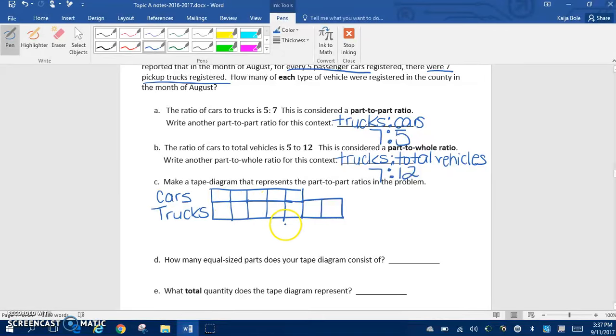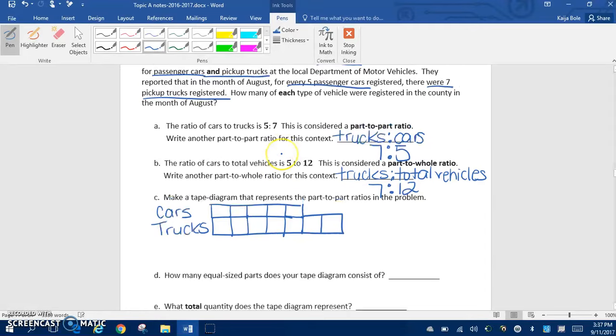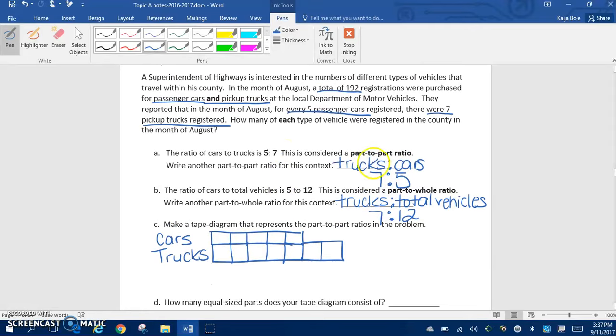Okay, so now we have to figure out what each box represents. Alright, so we know that there are 12 boxes here total, right? And if you look back up above in the notes, we underlined the total number of registrations, I'll highlight it here, was 192.